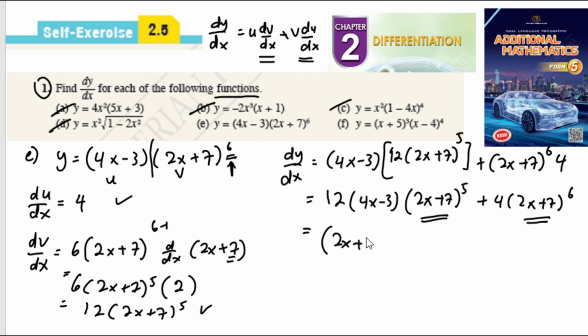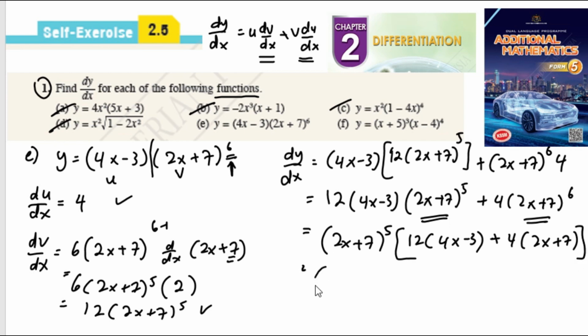From the first term, when we take this out, we are left with 12 times 4x minus 3. For the second term, since we take out 2x plus 7 to the power of 5, we are left with 2x plus 7 to the power of 1, since power of 6 divided by power of 5 gives power of 1. So it is equal to 2x plus 7 to the power of 5.